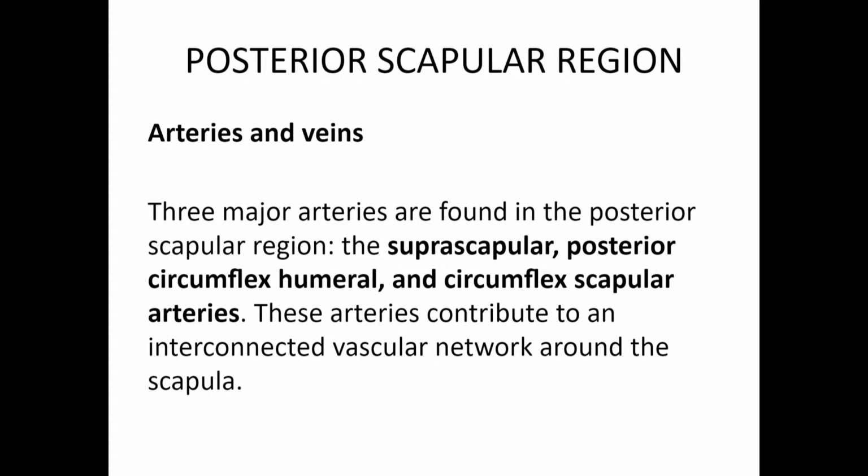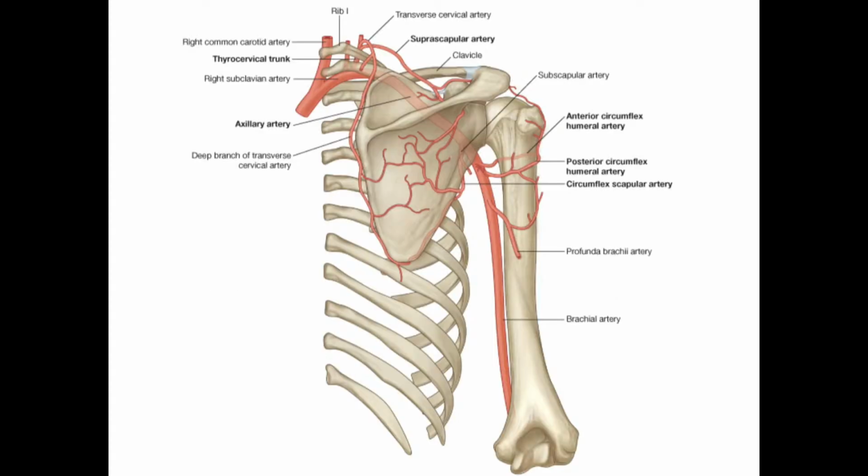Here on this photo you can easily see several arteries. I mentioned the suprascapular artery, which is this artery here, right? Then I mentioned the posterior circumflex humeral artery, this one. Also, we have the anterior circumflex humeral artery, and they anastomose with each other.